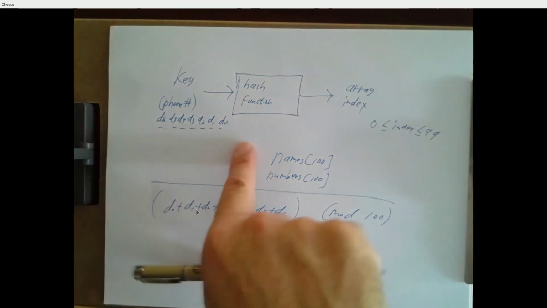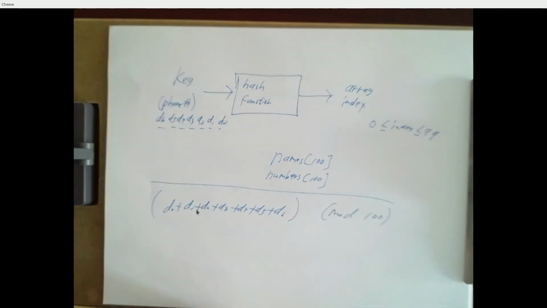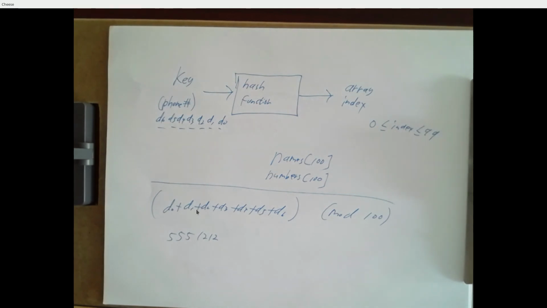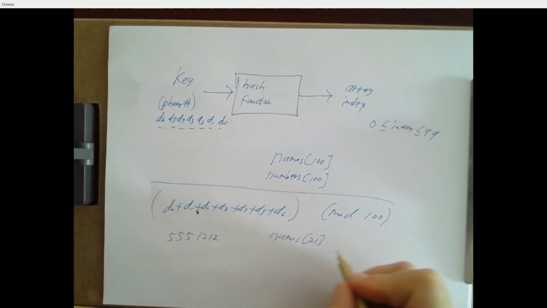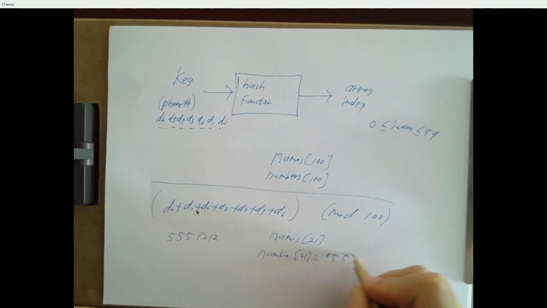But I could add up the digits of this phone number, and I could say that's going to be the index that I use in my array, and ignore the fact that my array's got extra space in it. So if I want to store the number 5551212, I'm going to store that at index 5 plus 5 is 15, 16, 17, 18, 19, 20, 21. I'm going to store that at index 21. Names is going to have the name of the person, and numbers 21 is going to be that actual number.